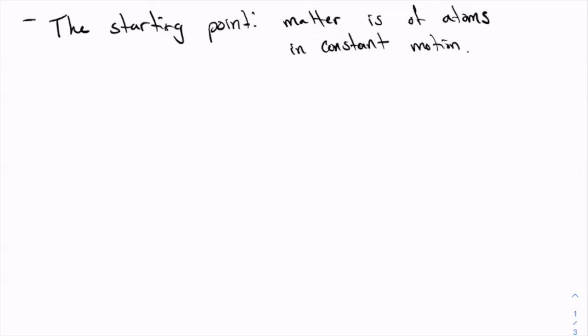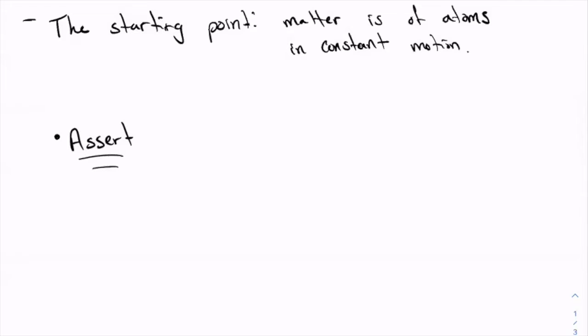What we want to do is to say something about the system in aggregate, about the collection of water molecules, for example. And our starting point is to make an assertion, to assert a real bedrock principle from which everything else will follow.